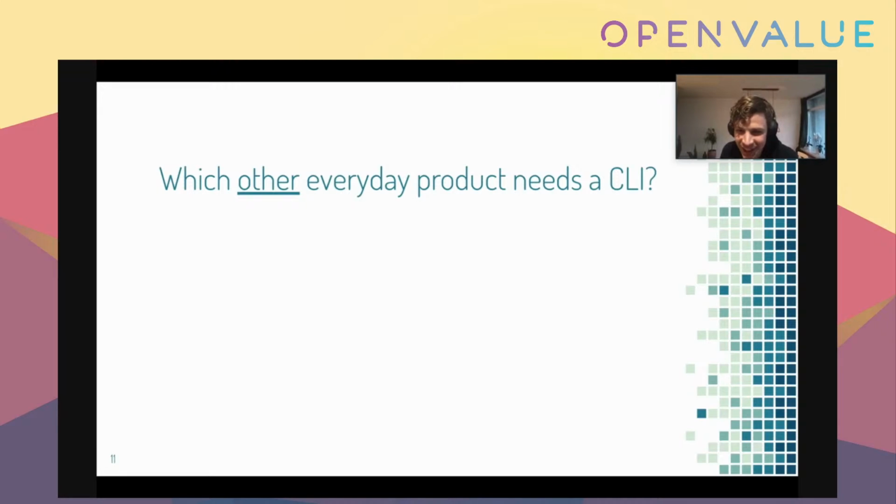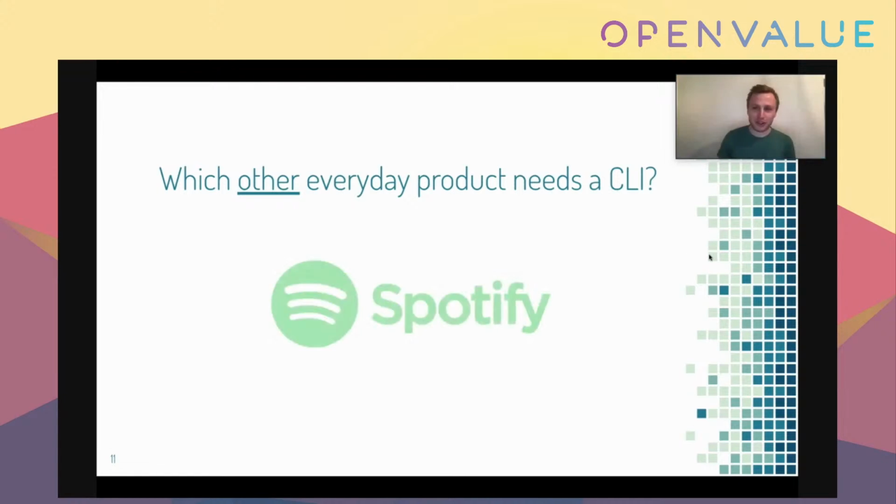Let's give it 15 seconds. No comments. All right, well, it's probably the delay. All right, I'll just give it away. It's Spotify, of course. Sorry. Docker was an answer. Oh, Docker, that's also a good one.